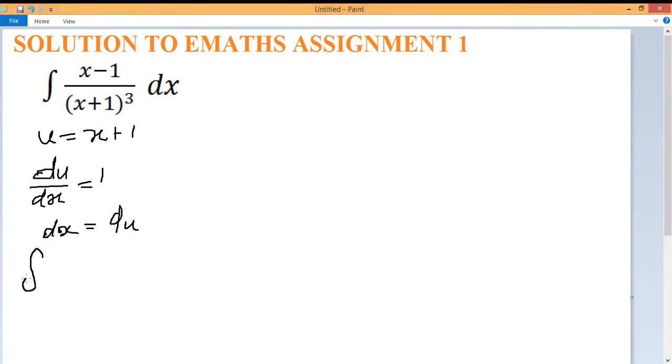We are going to substitute these two to get x minus 1 over u cubed du.